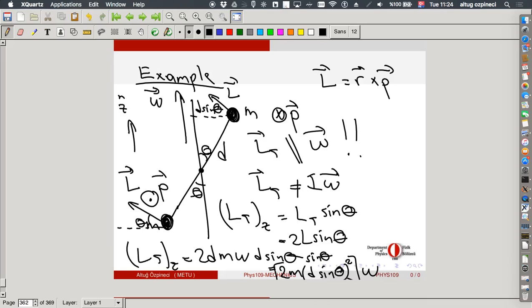In fact, if you calculate it relative to any point, as long as you fix your inertial reference frame, this will be the total angular momentum of the system. No, this is the direction of the angular velocity. It is rotating like this. The angular velocity is fixed. This is the direction of the angular velocity. Okay, we can discuss after the lecture if you want.